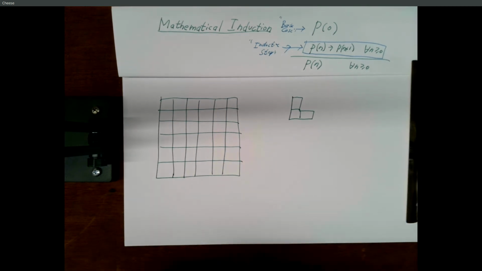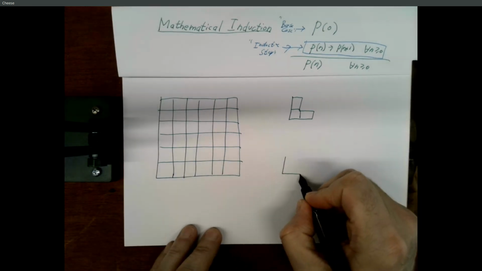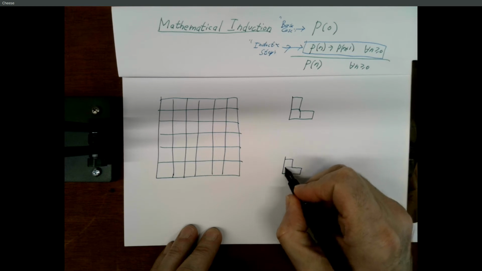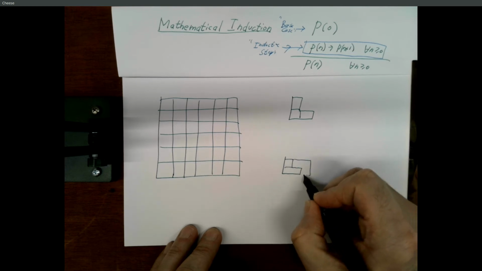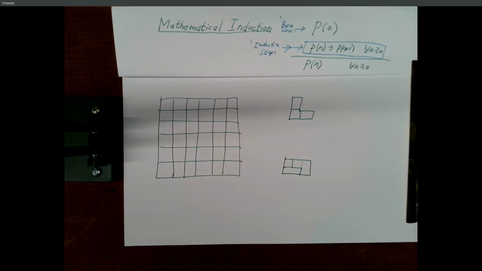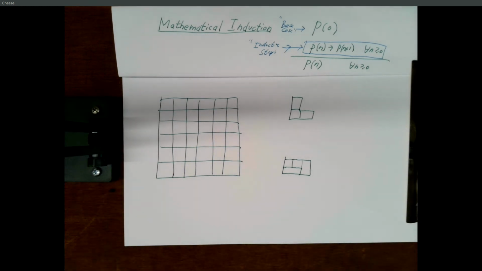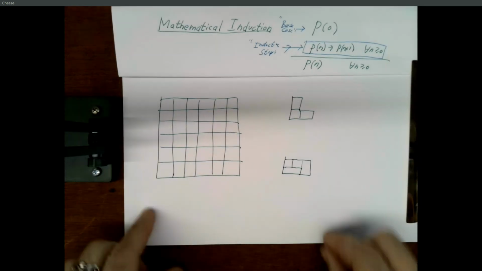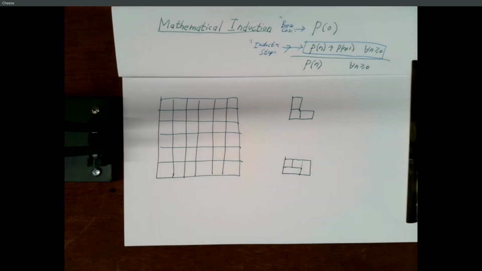For example, if I take one of these L-shaped pieces and I put another L-shaped piece right next to it, I can get a nice little 2x3 region that's rectangular shaped. And I could take those and I could spread them out. And if my room was 20 by 30 tiles, I could cover my floor perfectly, right?